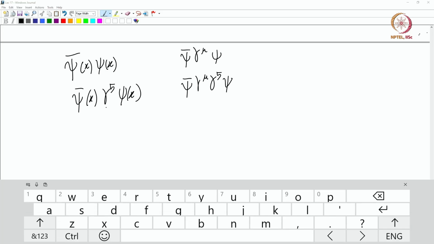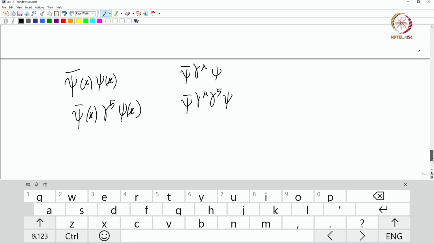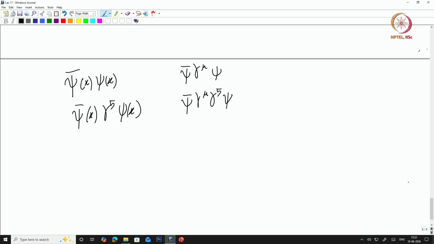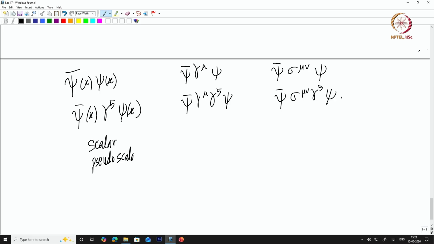So the gamma phi essentially, I am introducing, okay, I have to introduce gamma phi, I will just introduce it, and there is a tensor psi bar sigma mu nu psi. So this is scalar, pseudoscalar. This is a vector, axial vector. Tensor.